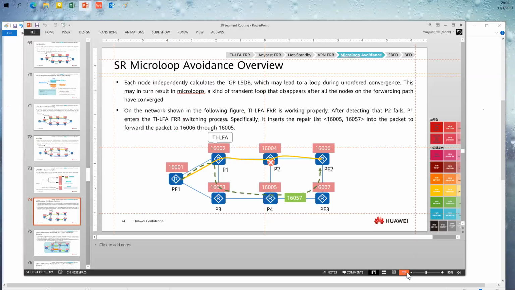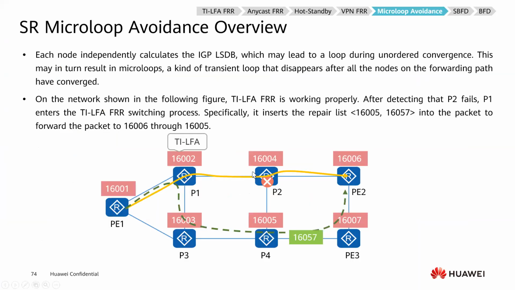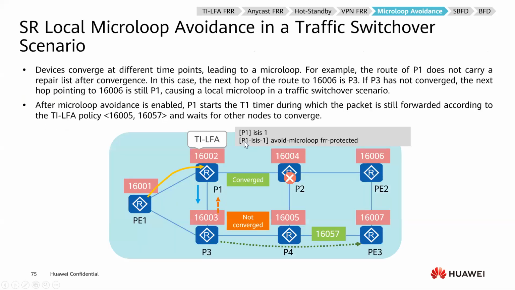micro loop does not only happen in FRR. Some other situations will also cause a micro loop. So about the details of the micro loop, here I just gave a few examples of how a micro loop happens. When we talk about SRv6, we will give more examples about the micro loop.